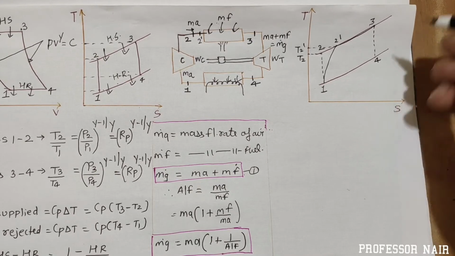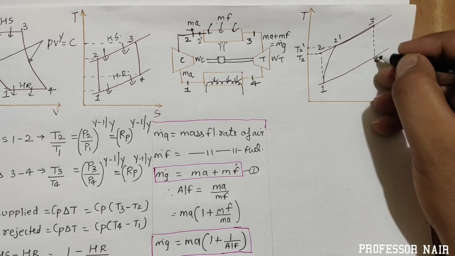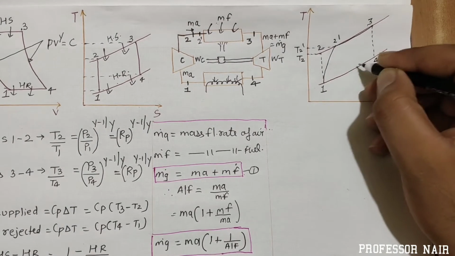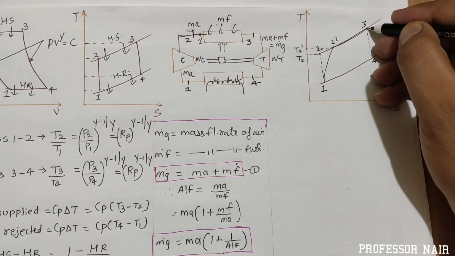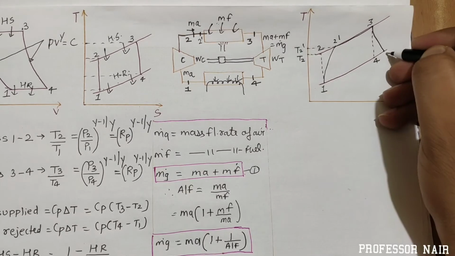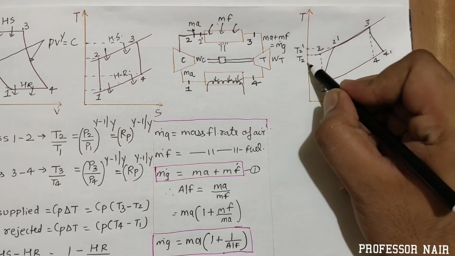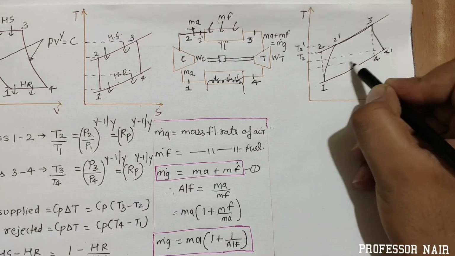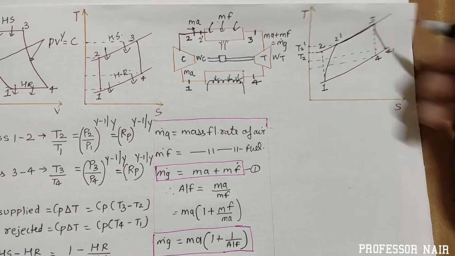But here the heat will increase, so I will not show the point here, because it would decrease. I have to show it upward. So the curve will be like this, dear students. So this would be 4 dash. So T4 dash is greater than T4.